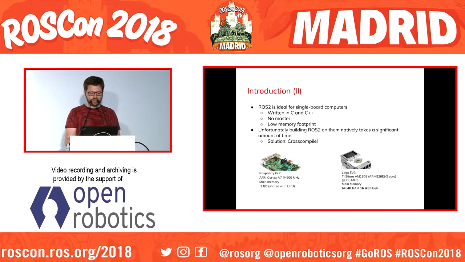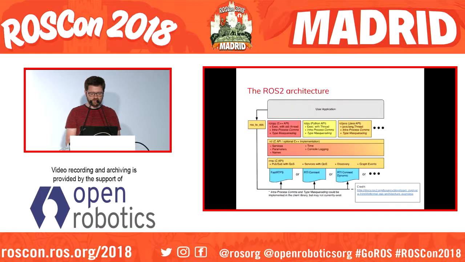I stepped back and looked at the big picture, precisely this big picture, which I'm sure you've seen many times already. So ROS2 structures each component in separate layers. It's like a lasagna, which doesn't mean that I'm saying that ROS1 is spaghetti.